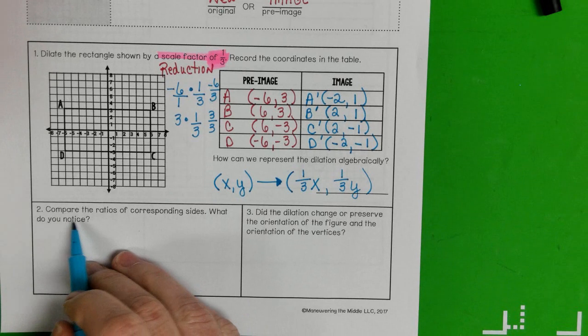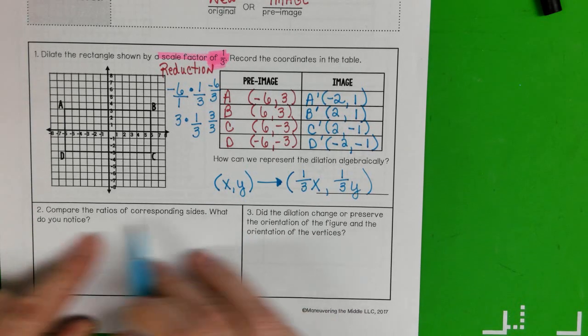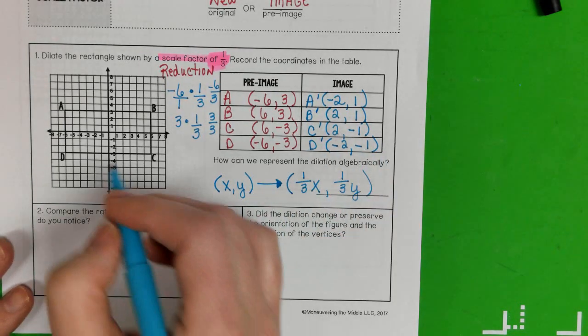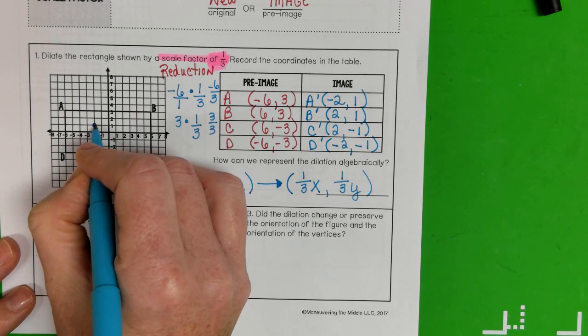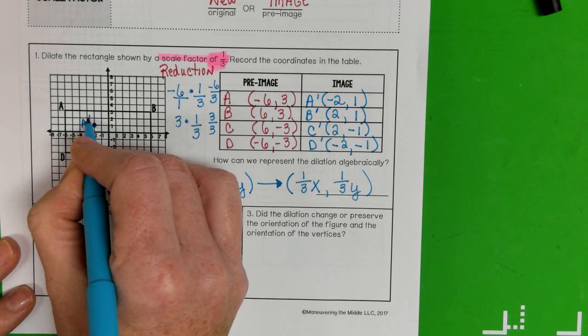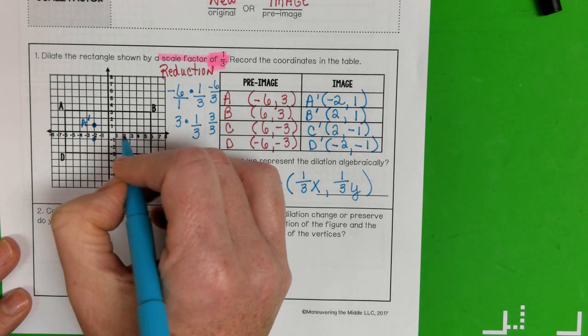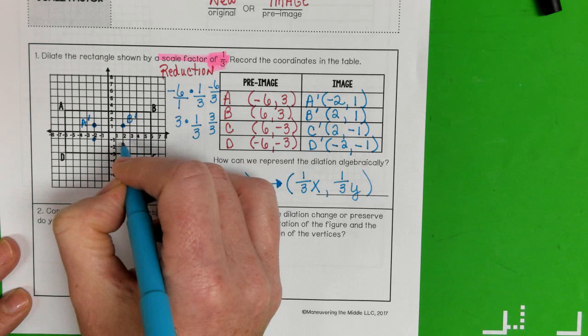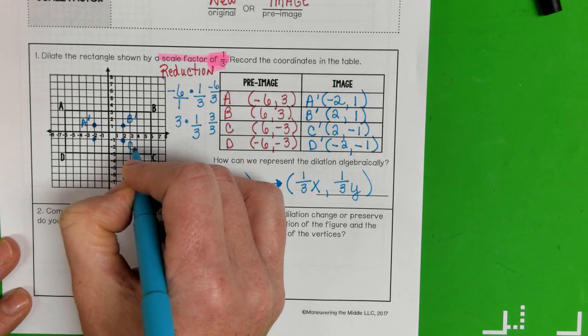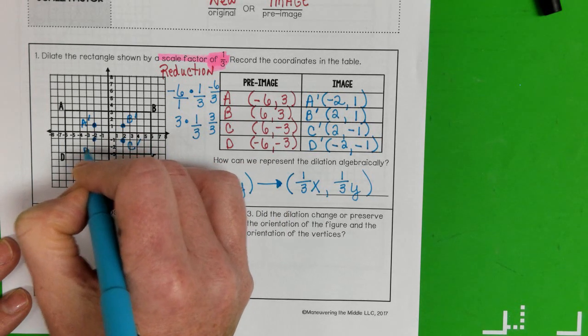It says compare the ratios of corresponding sides. What do you notice? I'm going to need to draw -2, 1, that is A prime. B prime is 2, 1. C prime is 2, -1, and then this is D prime.